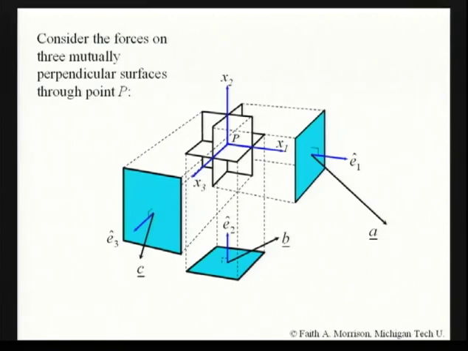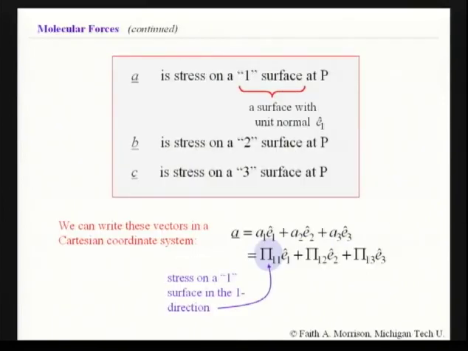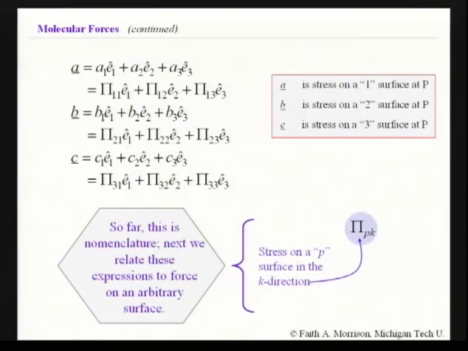But at the end of the day, all we get out of the stress tensor discussion are these stress components, that there are such stress components, the stress on a P surface in the K direction. And the next part of the derivation is where we relate that to an arbitrary surface.